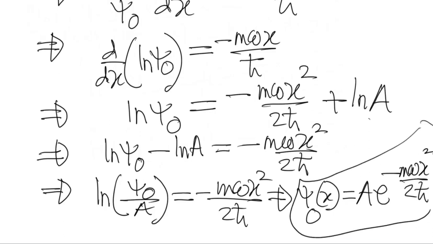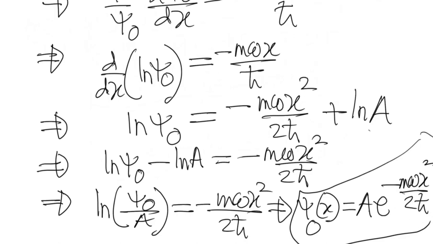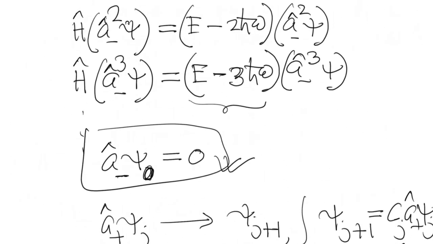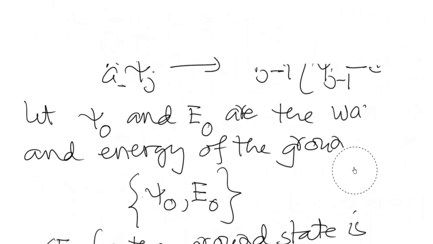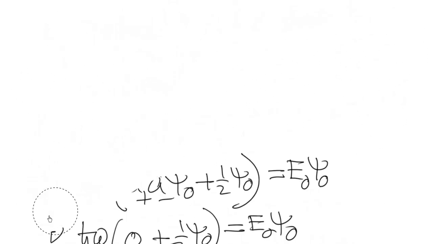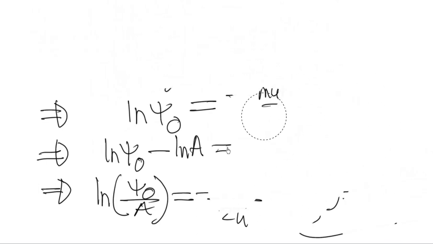Okay, you see the ground state wave function, but we have a normalization constant, and this normalization constant we'll have to find out by applying the normalization condition.